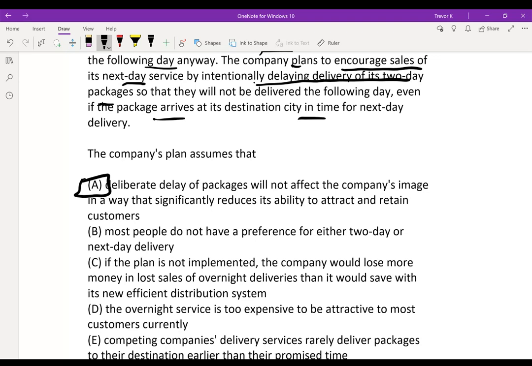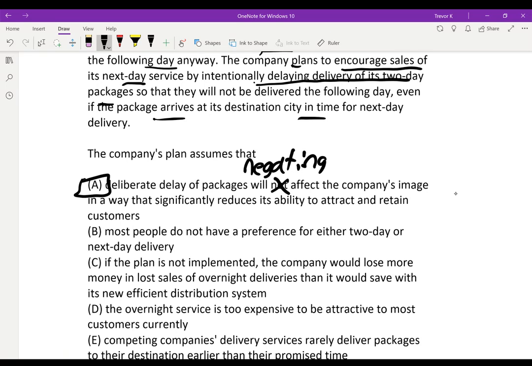So that's a pretty much perfect assumption because it does tell us that this whole plan is going to work. Their sales are going to increase if they delay delivery of their two-day packages, because that'll work in the way that the company thinks it will. So if we want to check A, we can try negating it, right?